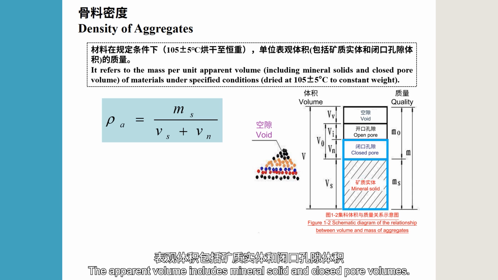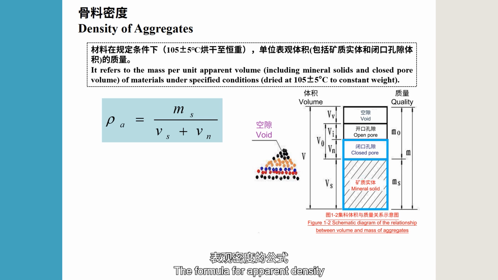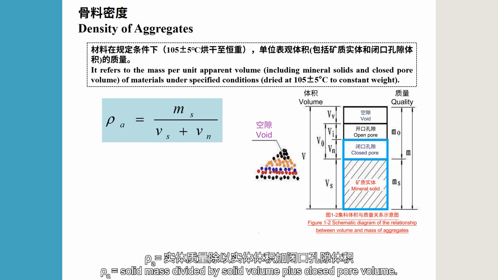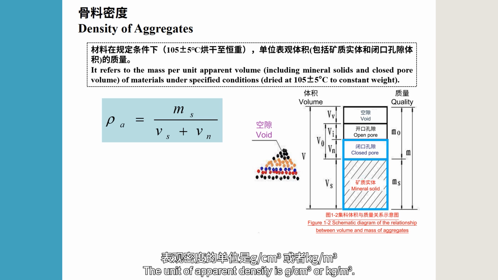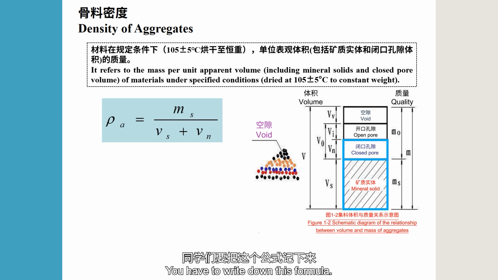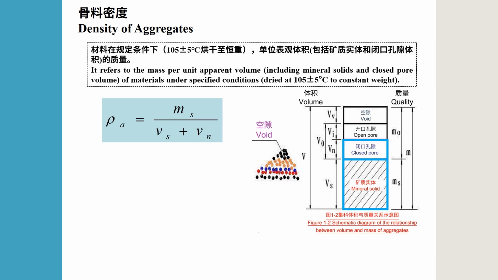The apparent volume includes mineral solid and closed pore volumes. The formula for apparent density ρA equals solid mass divided by solid volume plus closed pore volume. The unit of apparent density is gram per cubic centimeter or kilogram per cubic meter. You have to write down this formula.